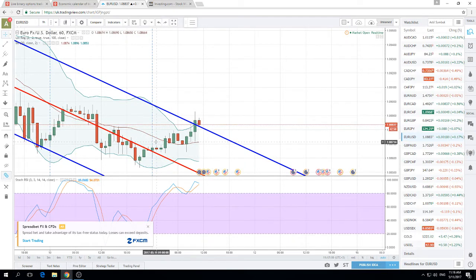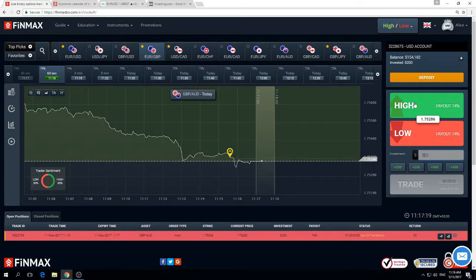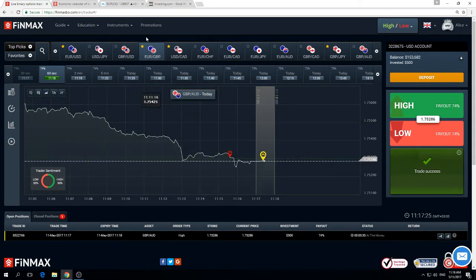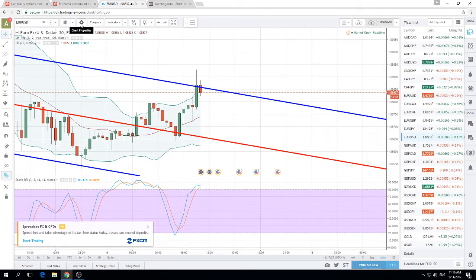So here is an opportunity to enter for probably not 1 hour, but, I'm covering the previous trade just for 1 minute, for 30 minutes for low, much stronger probability that it will go down within 30 minutes than within 1 hour.